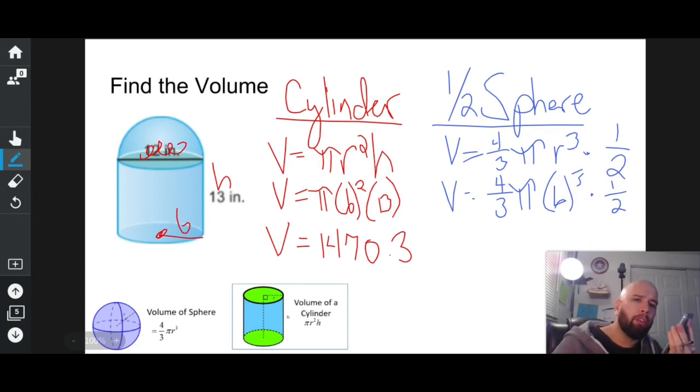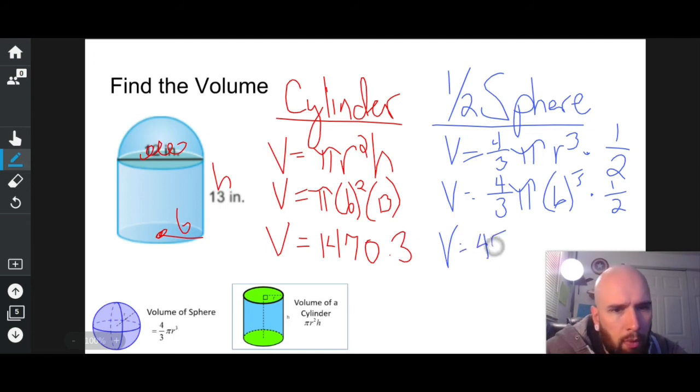What is 4/3 times pi times 6 cubed times a half? The answer is approximately 452.389, so we'll say 452.4.